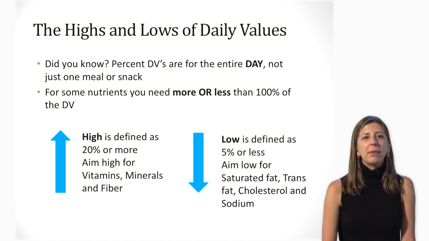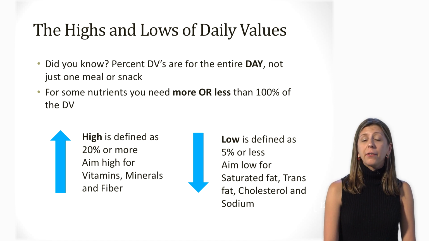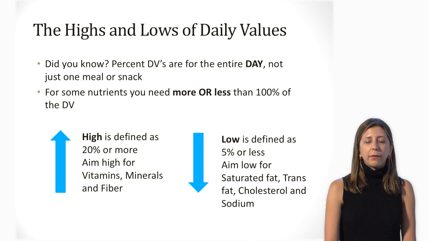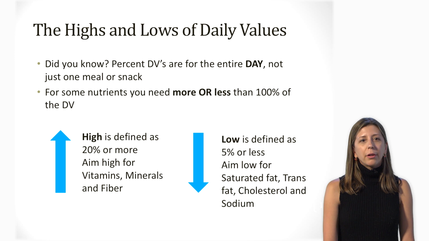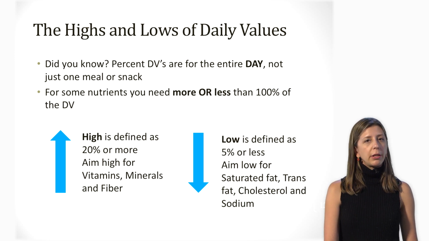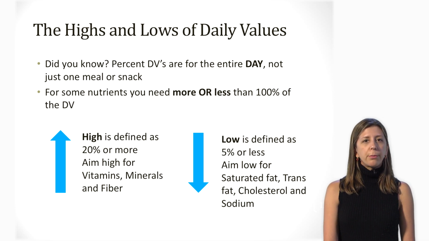The highs and lows of daily values. This is interesting to me because, again, I want to reinforce that daily values, or percent daily values, are for the entire day, not just one meal or snack. And for some nutrients, people often ask me, well, do I need more or less? If I see a higher percentage for a daily value, is that good for that nutrient or should it be low? I kind of like to think of it as a food budget, right?